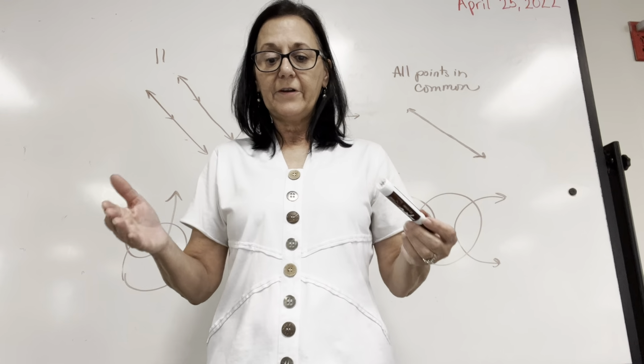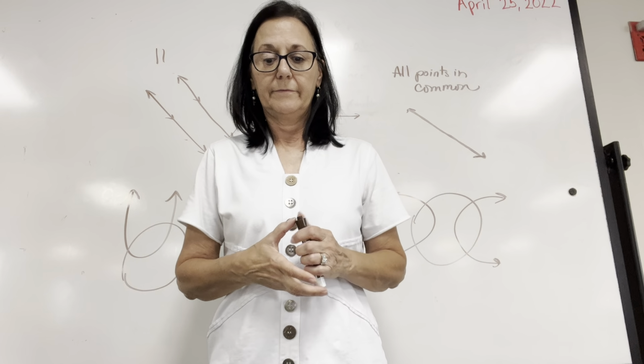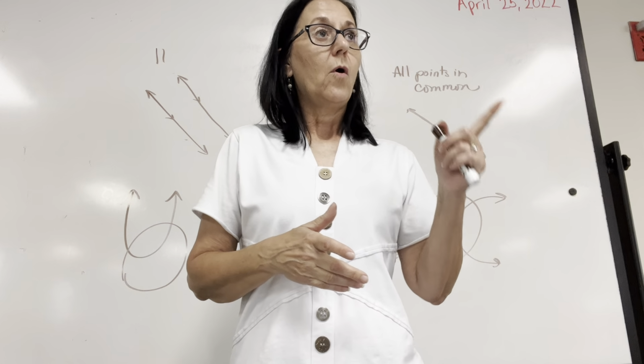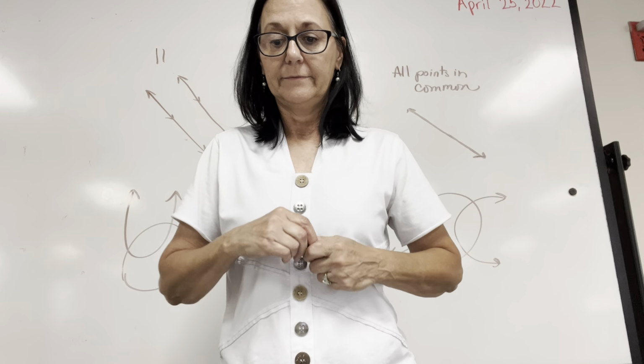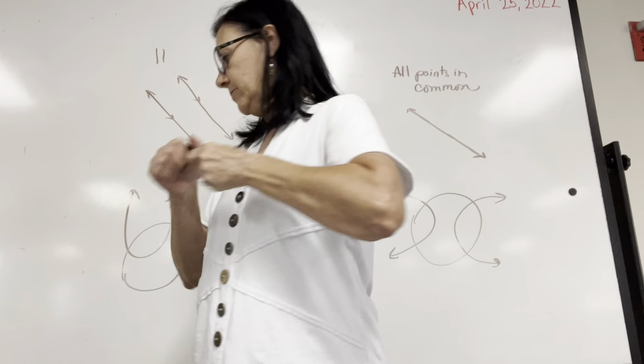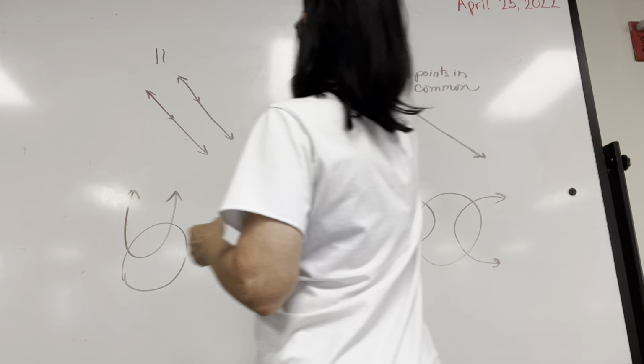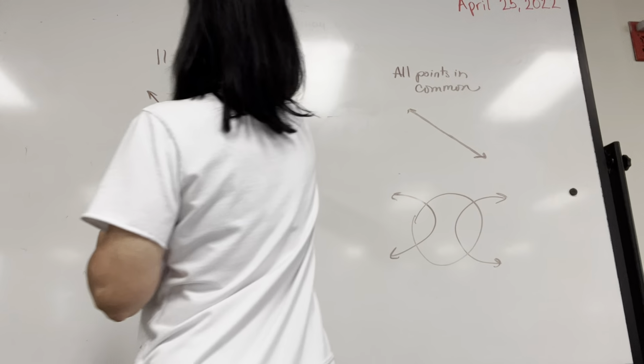All right, let's look at the definition right below that. Two planes, or a line and a plane. This is parallel.